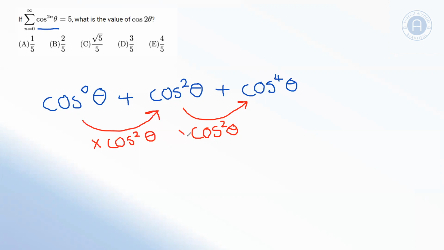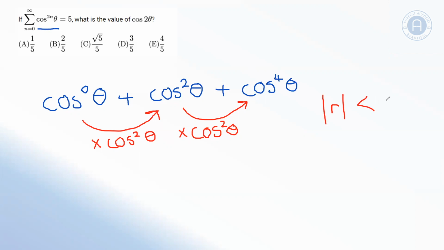So this is a geometric sequence because we're multiplying by a common ratio each step. And we also know that the absolute value of cos theta must be less than 1. Therefore, the absolute value of cos squared theta must be less than 1. So we've got a geometric sequence here where the absolute value of our common ratio is less than 1.